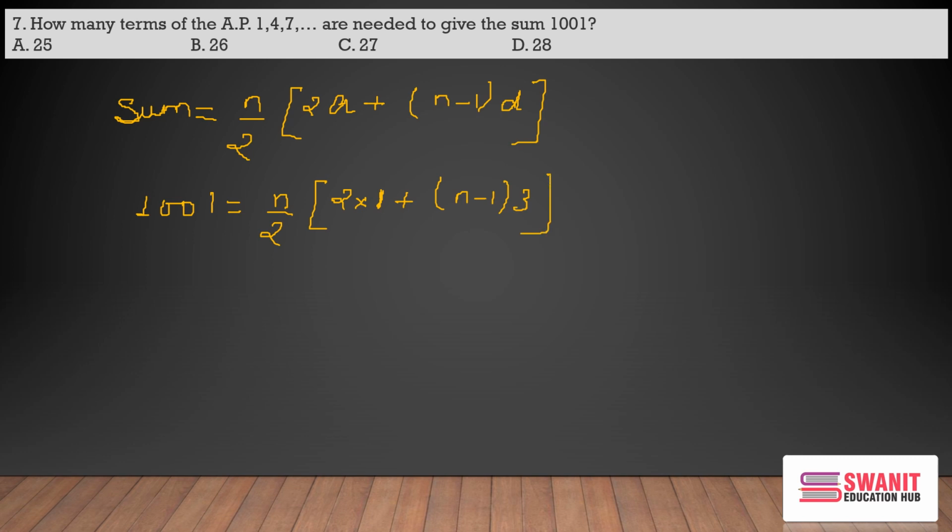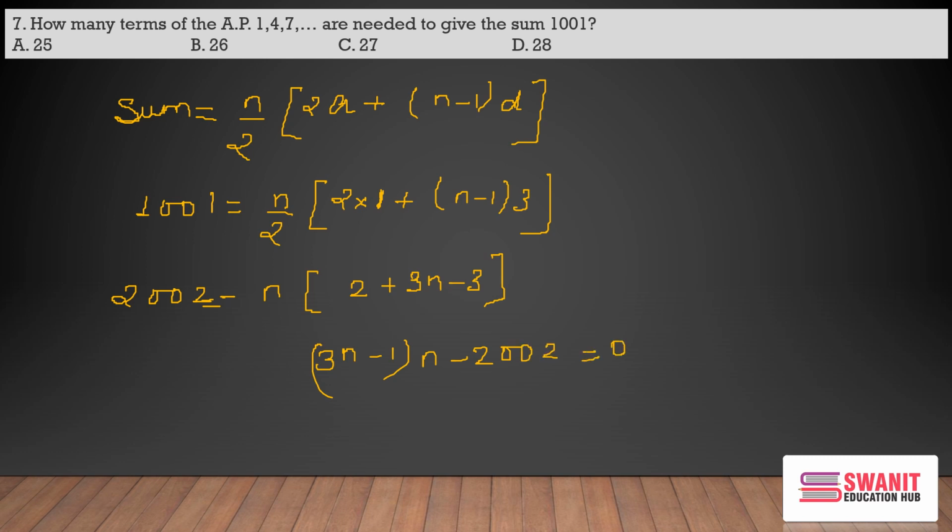So when we solve this, I'll be getting 2002 is equal to n multiplied by 2 plus 3n minus 3, which gives me 3n minus 1 multiplied by n minus 2002 is equal to 0.